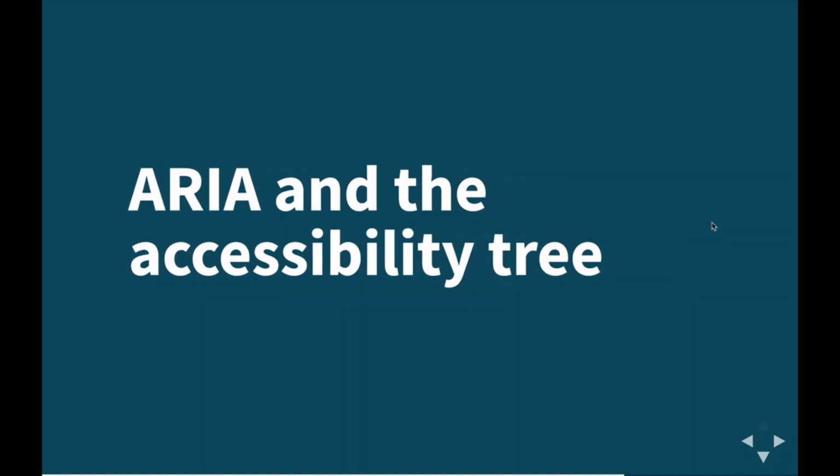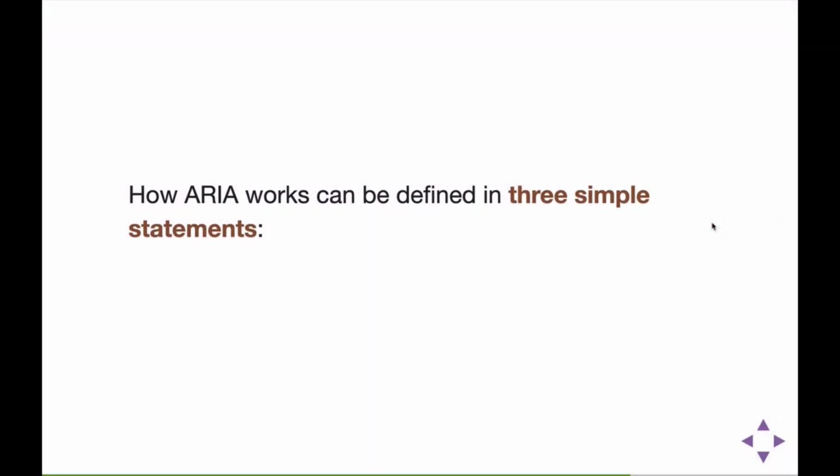Okay, we're now going to talk about ARIA and how it interacts with the accessibility tree. And this is so important because ARIA is fundamentally about the accessibility tree. So you could sum up ARIA in 3 simple statements. And I have to say, when ARIA first came out, I wish someone had come to me and shown me these 3 statements because it simplifies ARIA down to its very core.